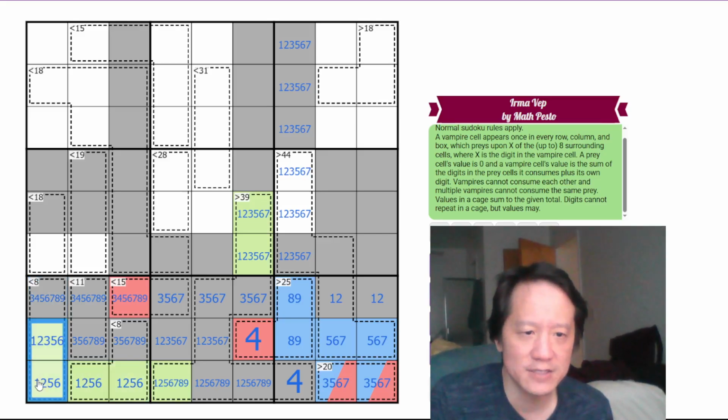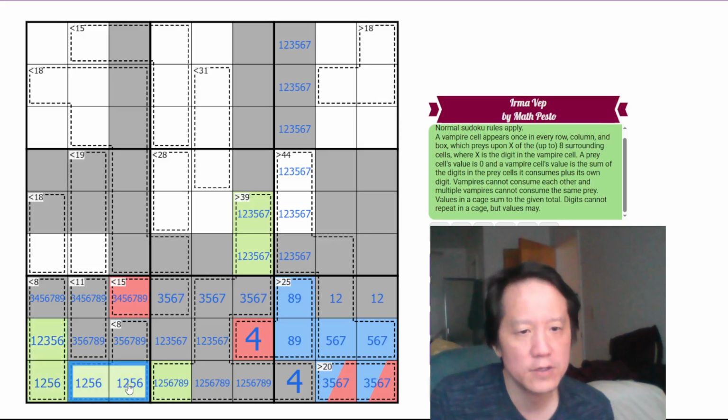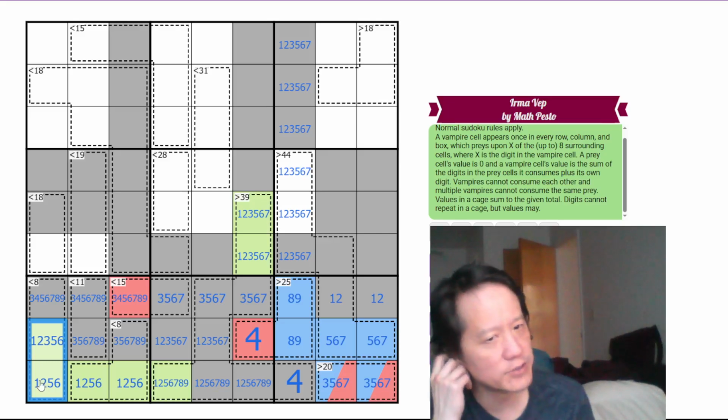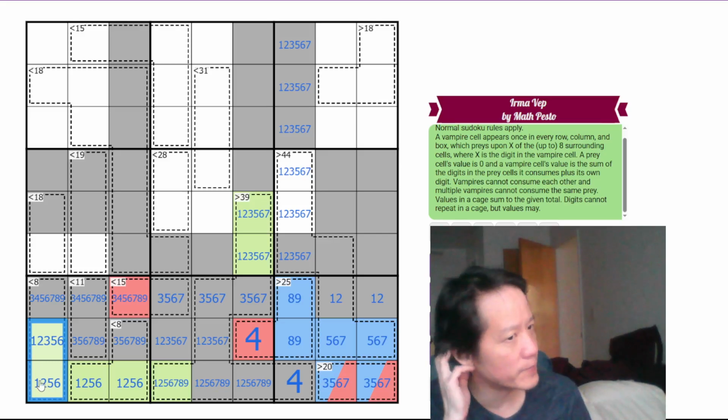The other one has to be 2, 3, or 2, 5, or 1, 3 here, right? So either way, okay, either this is 1, 6, which makes this 2, 3, or 2, 5. This could be 1, 5 with 2, 3. So we're not guaranteed about 3, 5, or 6 here.